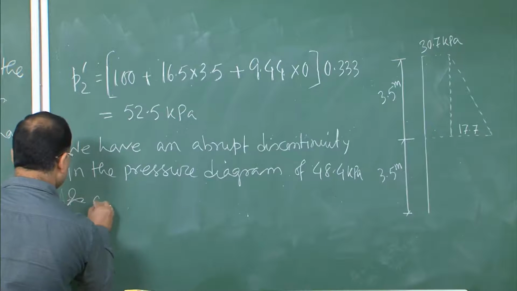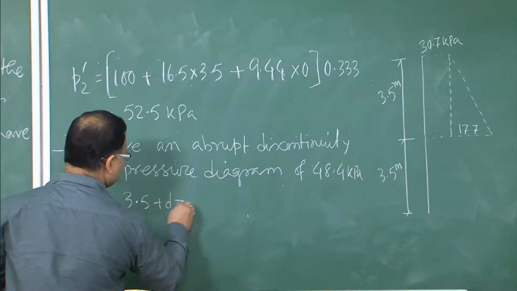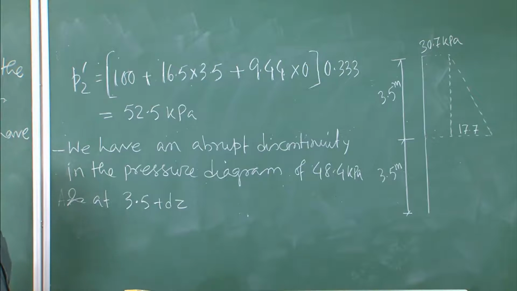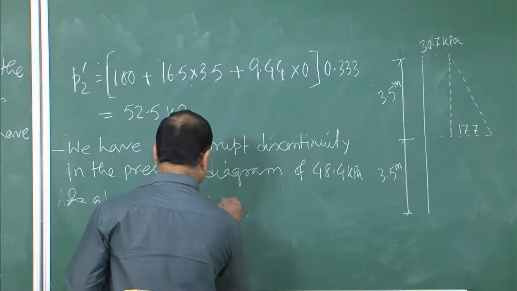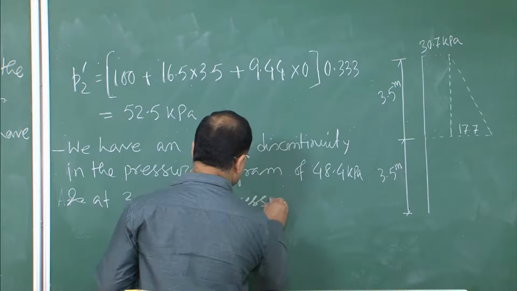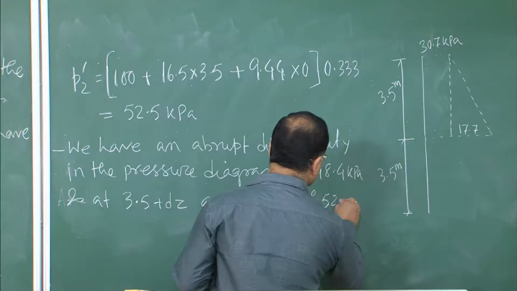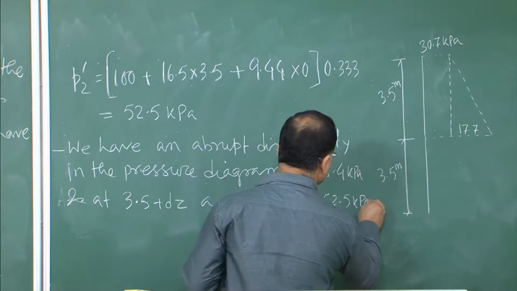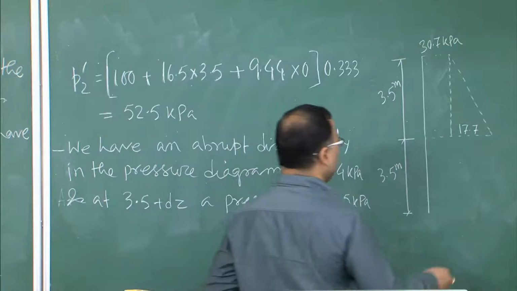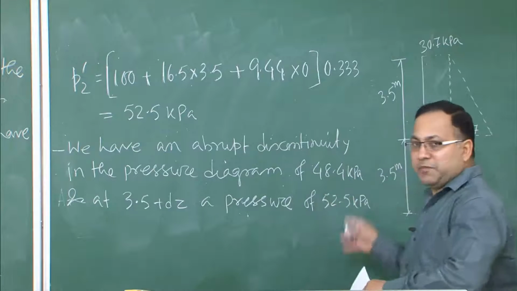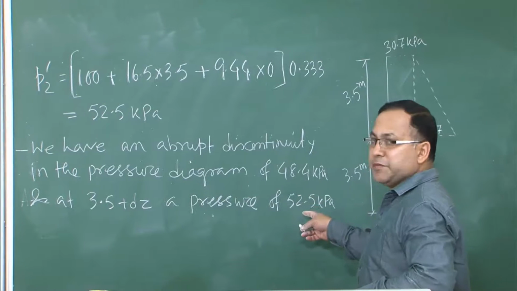and at 3.5 plus dz, that means you are in soil 2, but you are at the interface, a pressure of 52.5 kPa. So that means you are getting some abrupt change, 48.4 to 52.5.